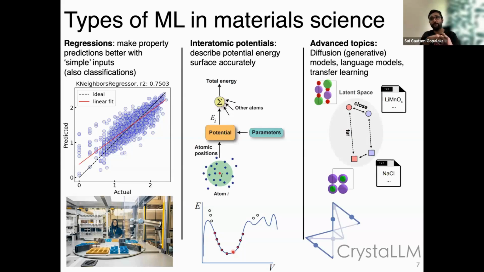Language models are also being used that can leverage the framework of large language models, ChatGPT and so on, to generate crystal structures, and also transfer learning, where you can train a large scale model and then transfer most of the learning that you have gotten to a smaller data set where you don't have a lot of data. So these are the three types of machine learning. I'll try to cover a bit of all through my lecture and try to give some perspective along the way as well.